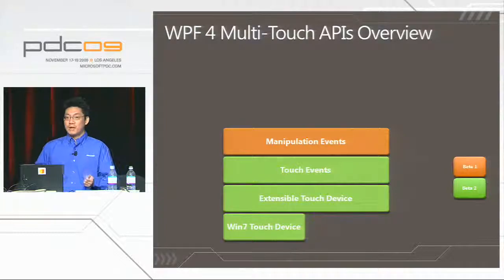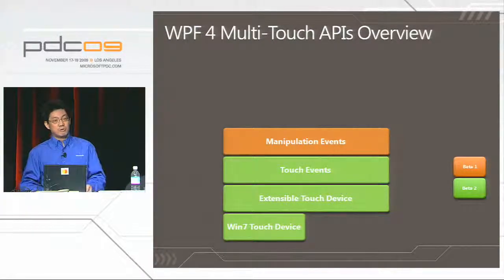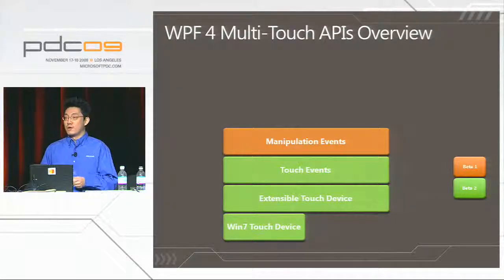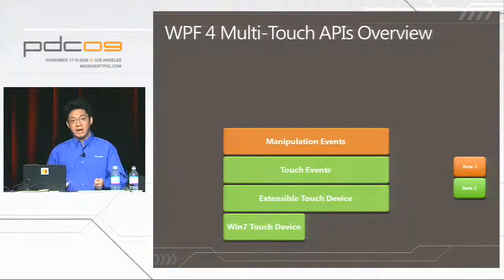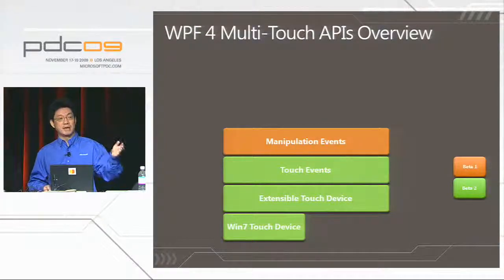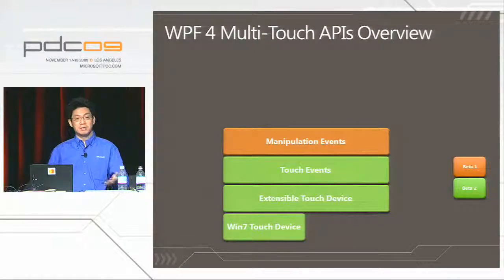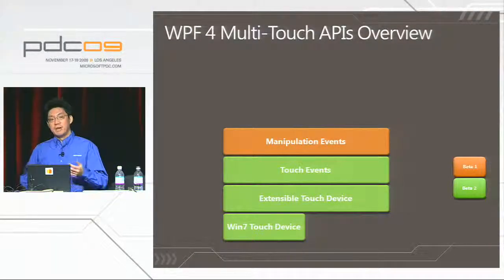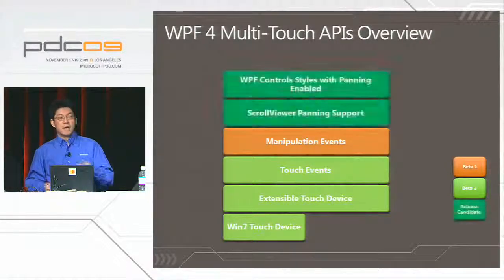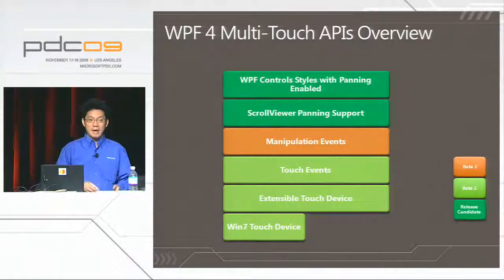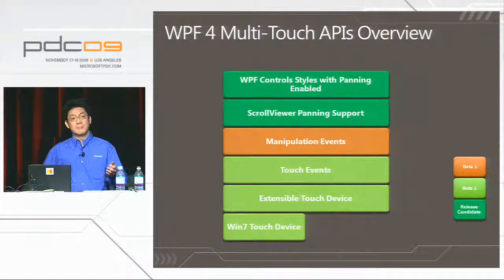And we also recognize that not everybody is going to be writing custom controls that use multi-touch. We want to make sure that existing WPF controls can take advantage of the touch hardware that people will be getting on the machine. So we want to make sure that out of the box, WPF applications have a good touch experience. So post Beta 2, we've added support for touch panning to the intrinsic controls that are part of WPF.